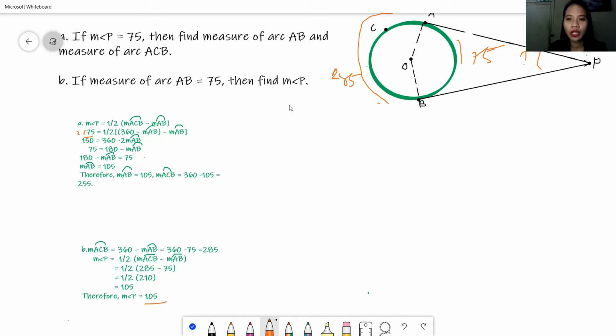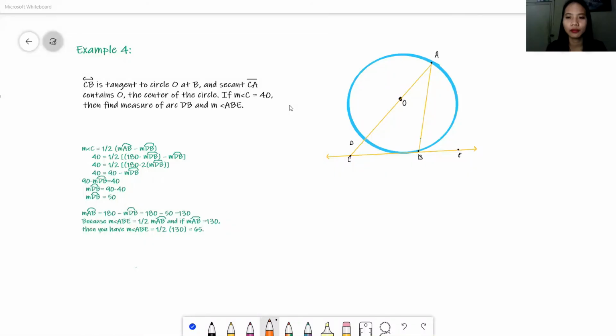So let us proceed now to example 4. In example 4, we are also using theorem 15, and theorem 15 was already discussed by Ma'am Diane. So here we are going to apply theorem 15 in example 4. We have the problem: line CB is tangent to circle O at B, and secant segment CA contains O, the center of the circle.